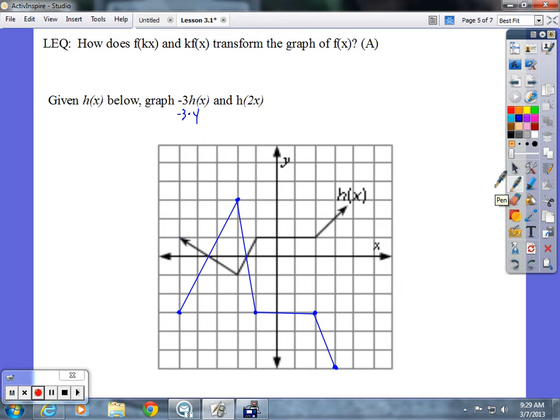Okay, and go ahead and put arrows at the end of those. All right, and that's what that would look like. Okay, so I stretched it by 3 and I flipped it.